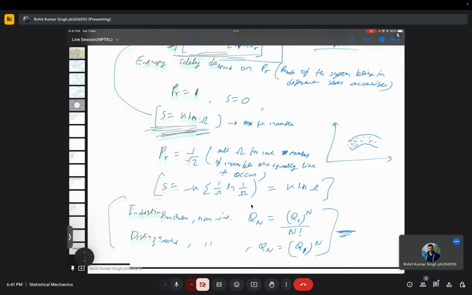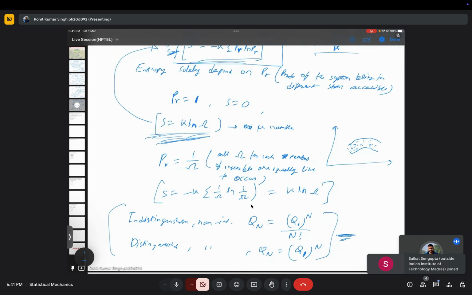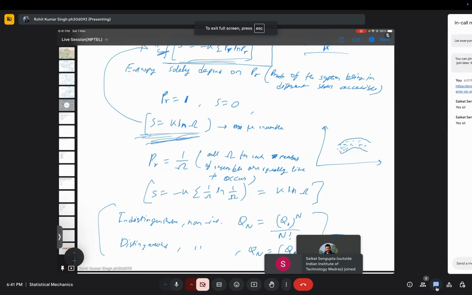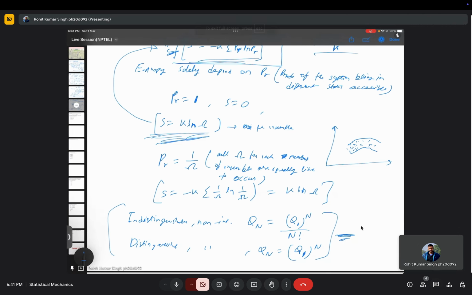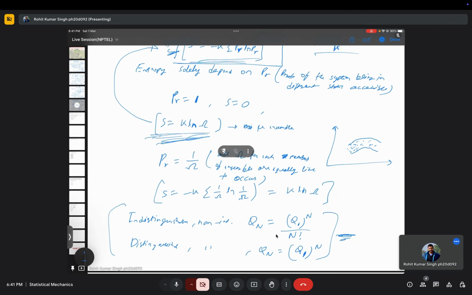So shall we go to the problems now, or do you have anything to ask? Sir, can Q1 be the partition function of the first one or any of them? Anyone, because if you have indistinguishable particles, they should all be identical particles. So any one particle you can choose.